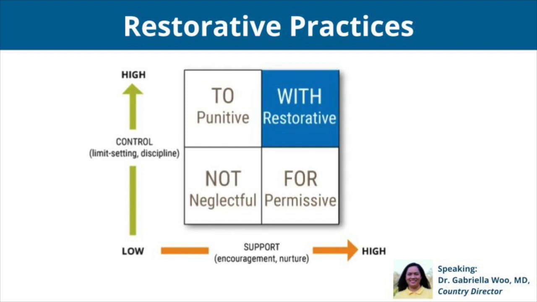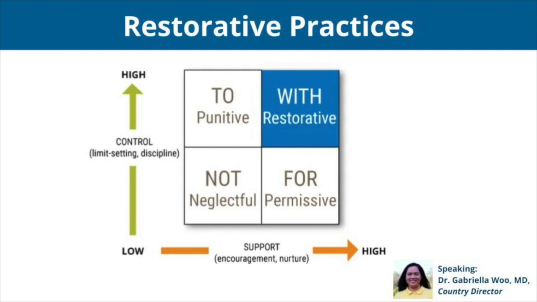The idea of restorative practices is that you can have high control, but also high support. This is the main characteristic of being supportive. That's the base of the circles: dealing with the conflict, setting some boundaries, but also letting people have a voice and be the ones that actually come up with the solution.